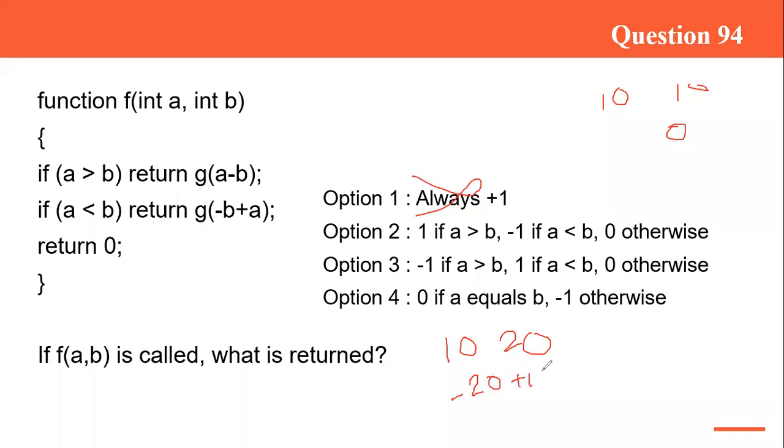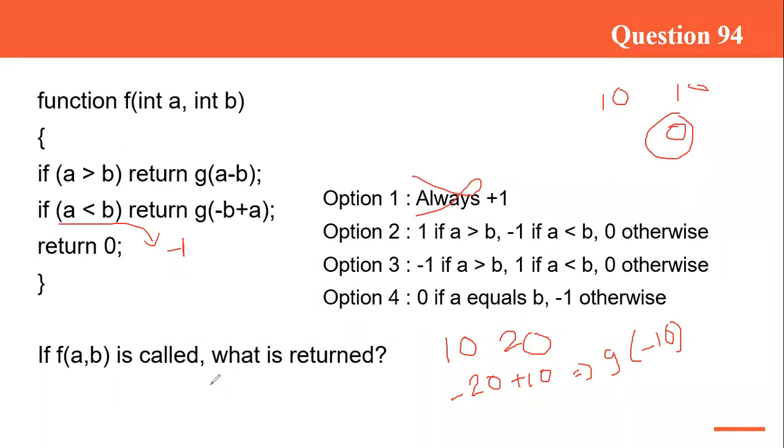Minus 20 plus 10 means minus 10. If you call the g function with minus 10, what will it return? Minus 1 it will return. That means if A less than B, we are getting the answer as minus 1. Both are equal, answer is 0. A less than B, answer is minus 1.